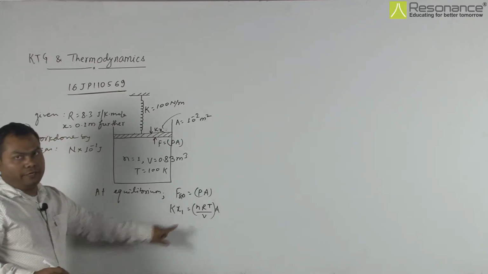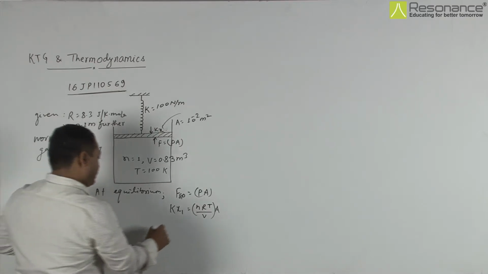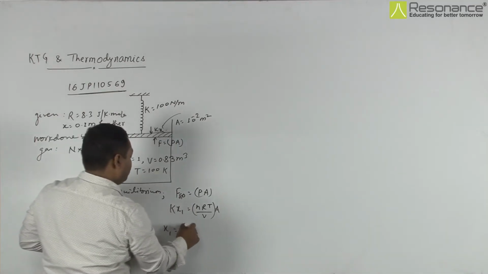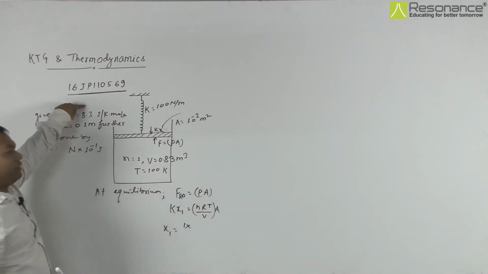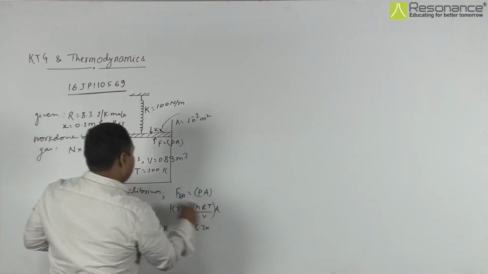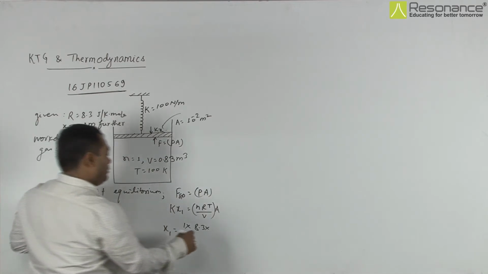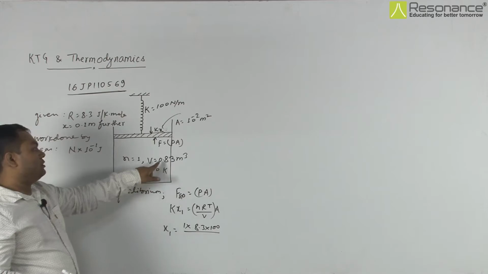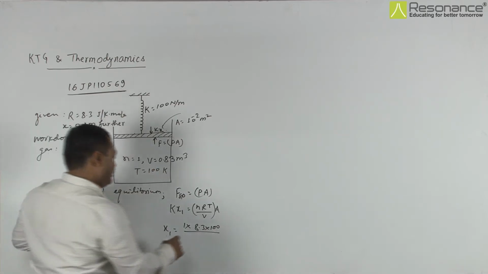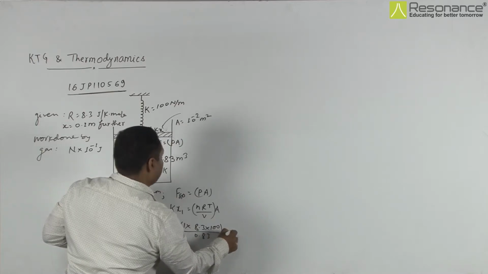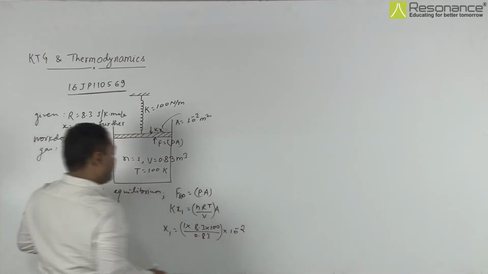From this equation we can get the initial compression of the spring. So x1 will be simply, n is 1, R we will use 8.3, temperature we will use 100 Kelvin, multiplied with the initial volume 0.83, multiplied with the area, which is of course 10 power minus 2.